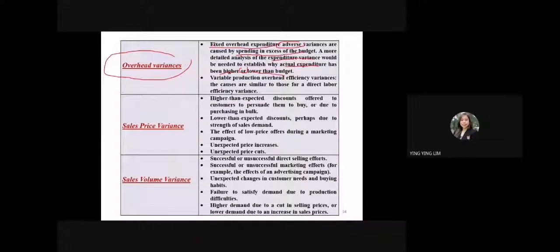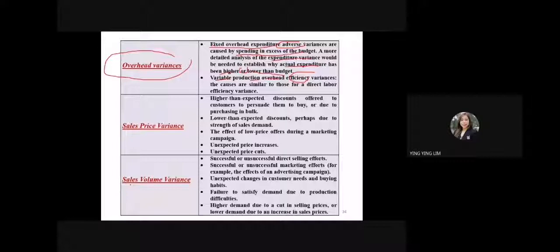In terms of variable production overhead efficiency variance, usually your variable production overhead is absorbed. It's not all the time absorbed on a per unit basis. Sometimes it could be absorbed on a direct labor hour basis.